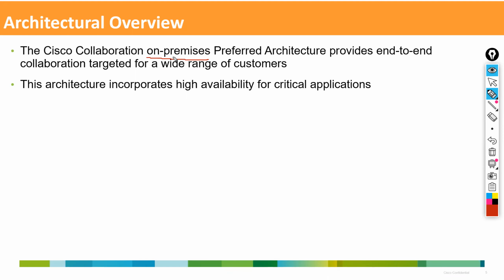Any infrastructure, device, server, anything you require, you are placing at the customer office. That is called on premises. Or you can register on cloud also. We have the cloud concept also here in the collaboration, but we are focusing completely on premises. This architecture incorporates high availability for critical applications.